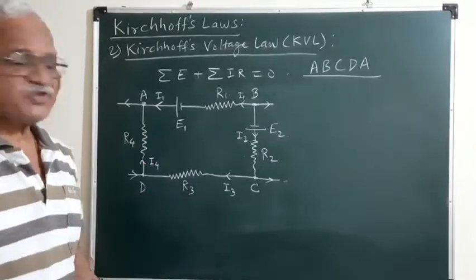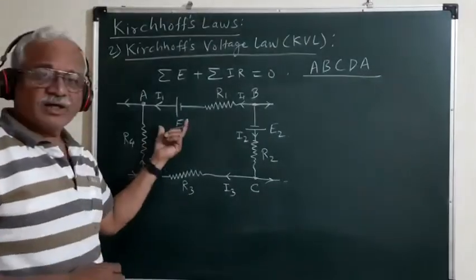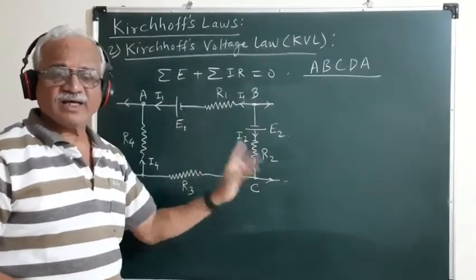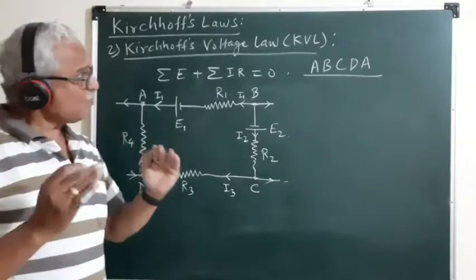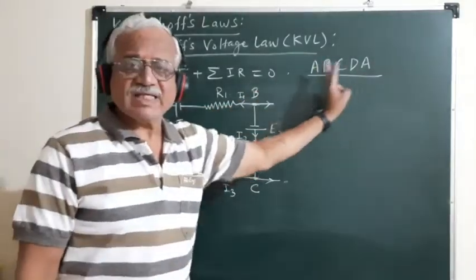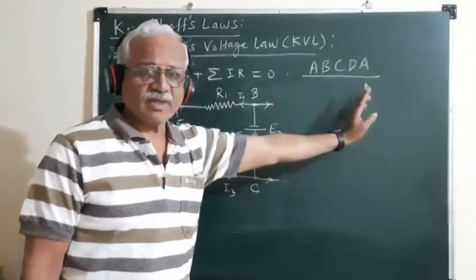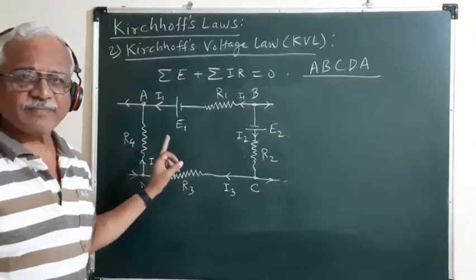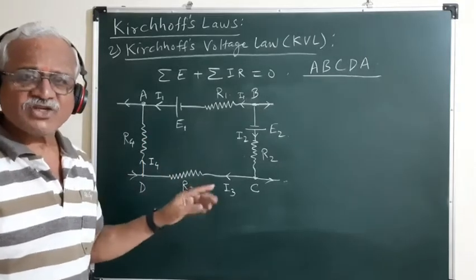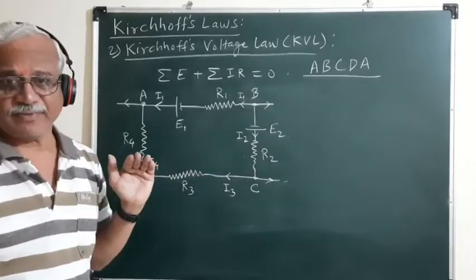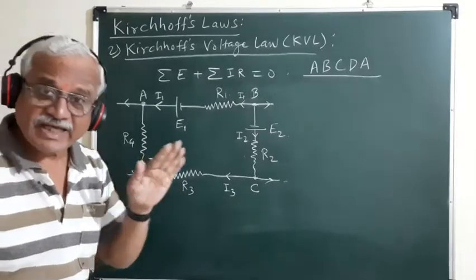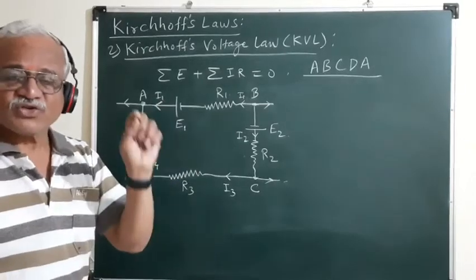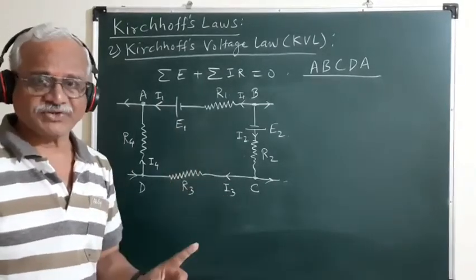The first convention, regarding the polarity of the source of EMF, is that when we are traversing the loop in this direction, if we traverse a source of EMF in the direction of increasing EMF, then the EMF of that source should be considered positive.